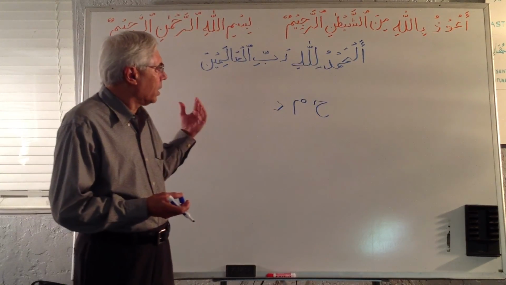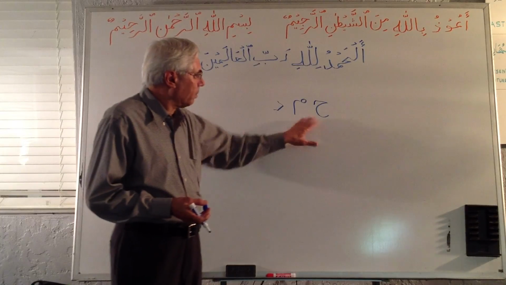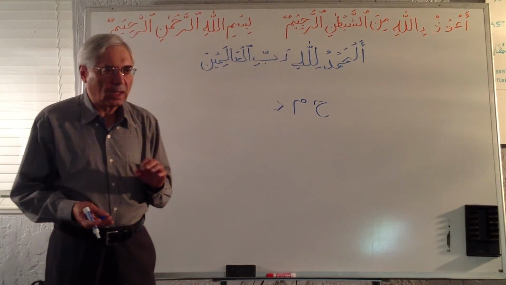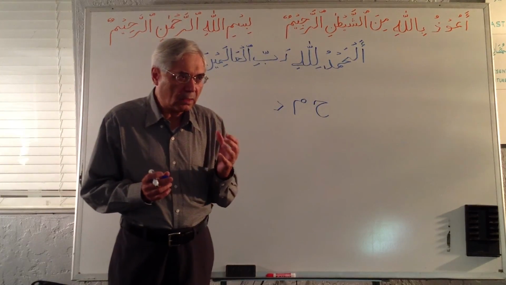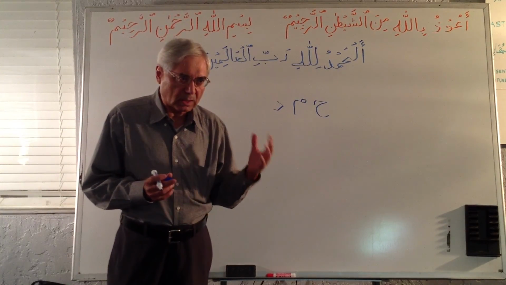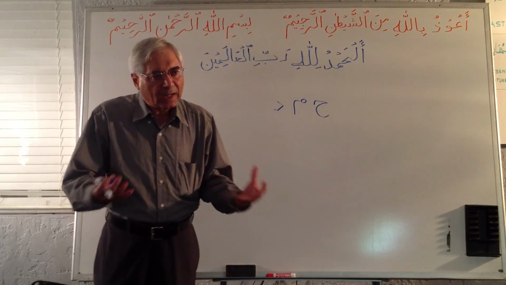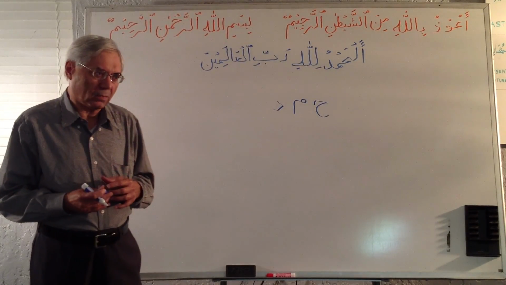Okay? Now, when we start combining these three letters and start putting harakat on them, harakat are Fatha, Damma, or Kasra, or Zair, Zabar, or Pesh, then the meaning will start coming out of these letters.